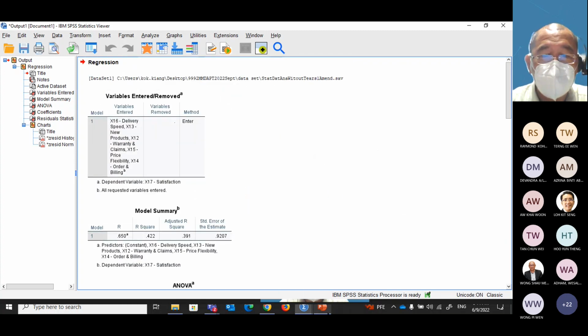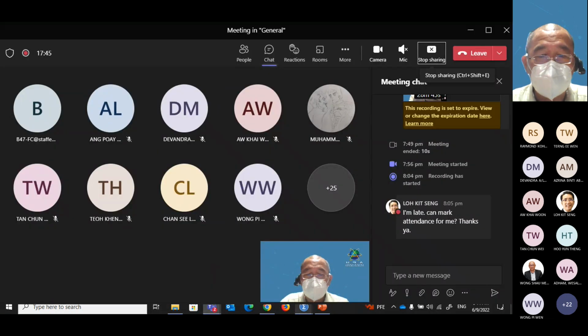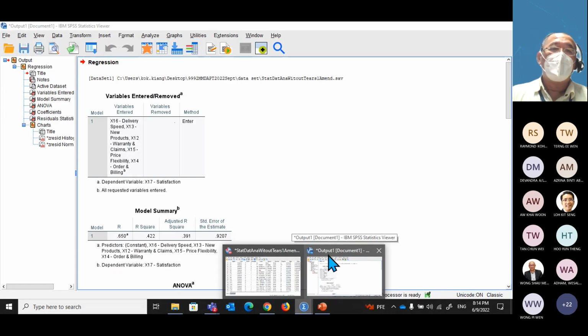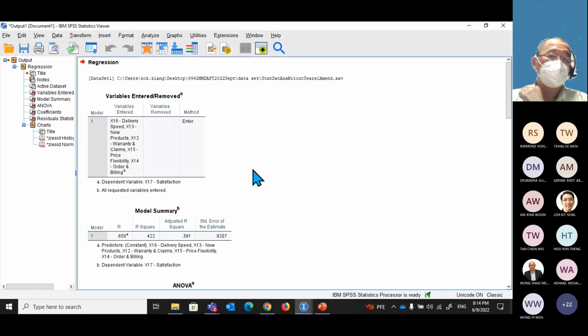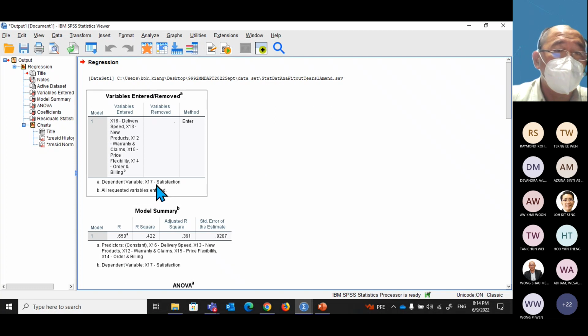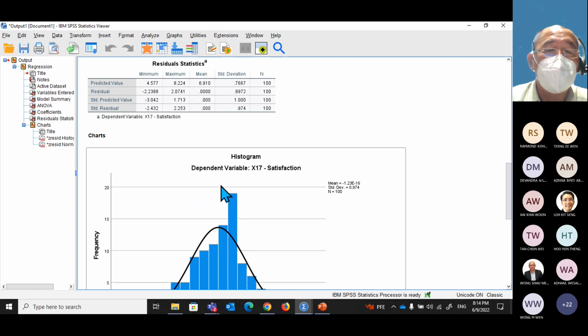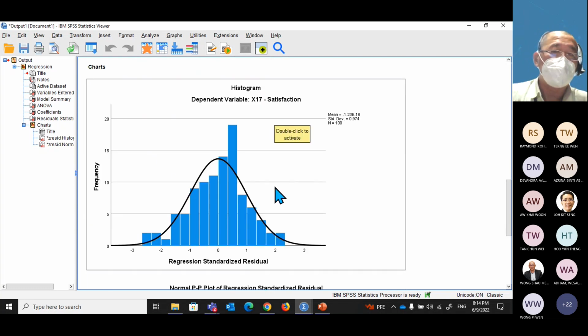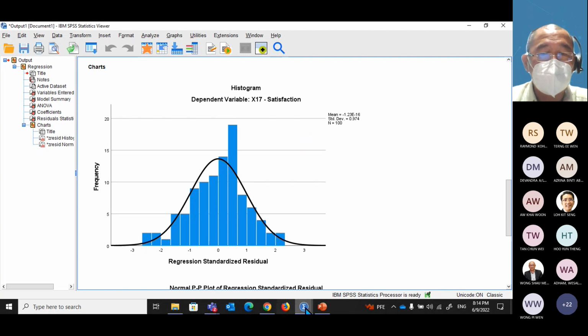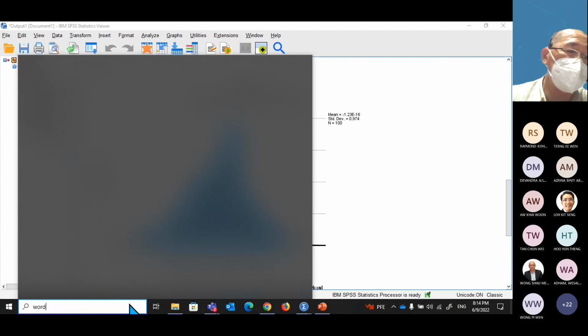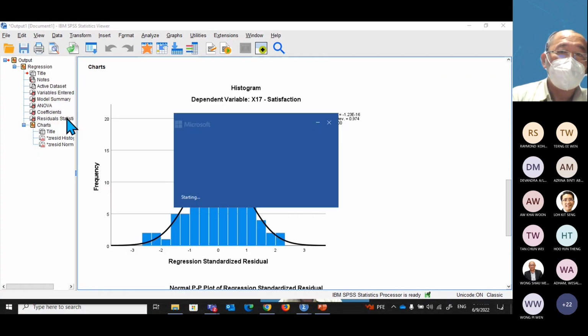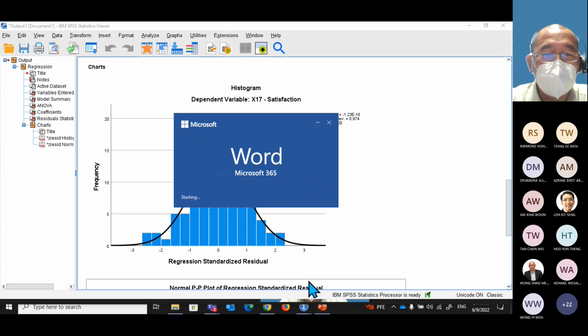If no problem, we see one by one. This one actually is nothing, you know how to do the beginning part already. Now we see the histogram. This is quite similar to what we discussed in the previous classes. From here you can see the normal curve.